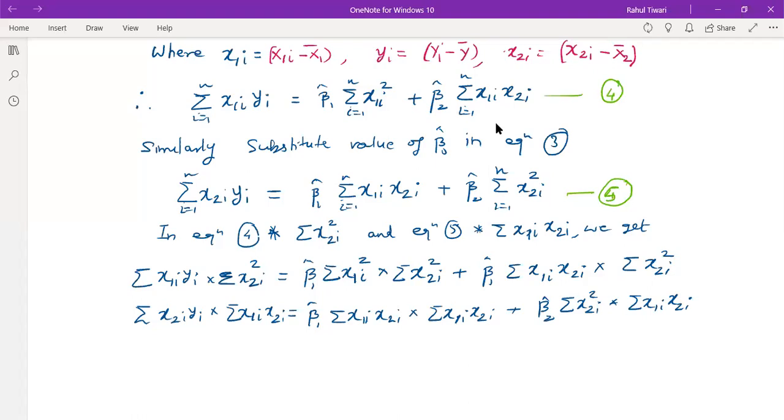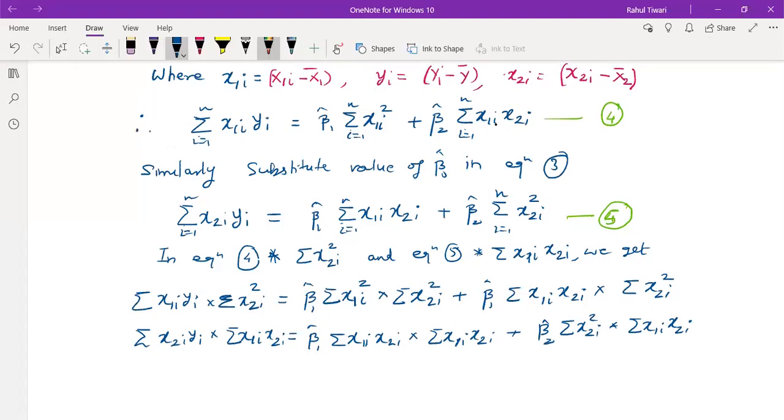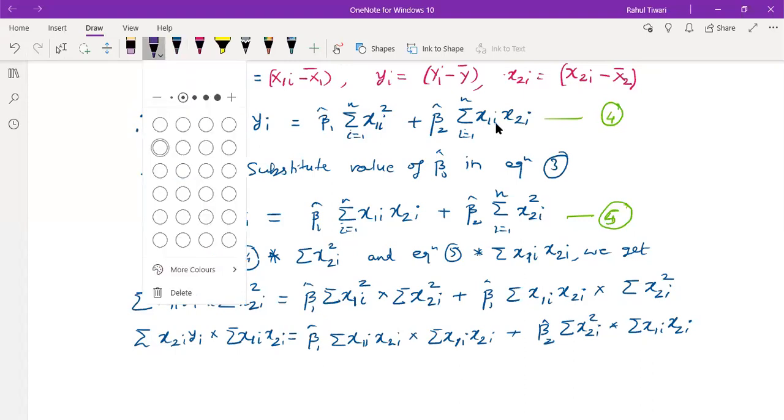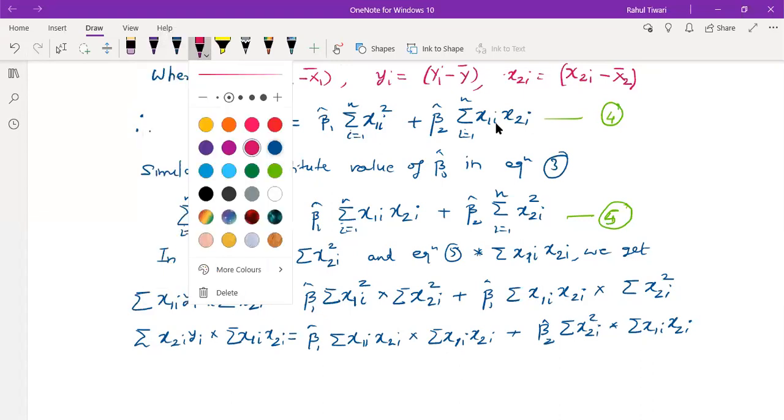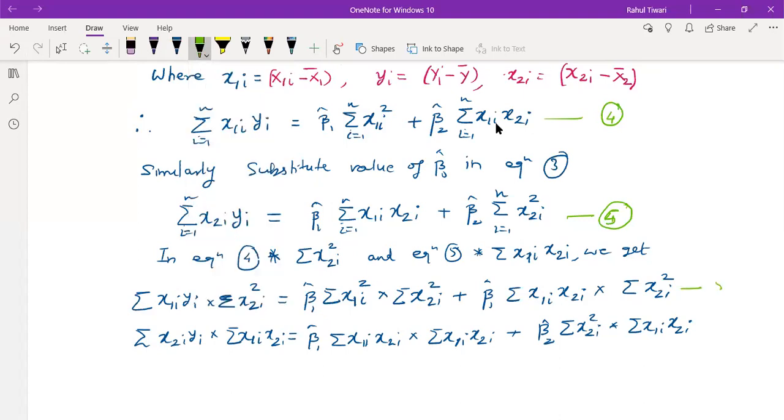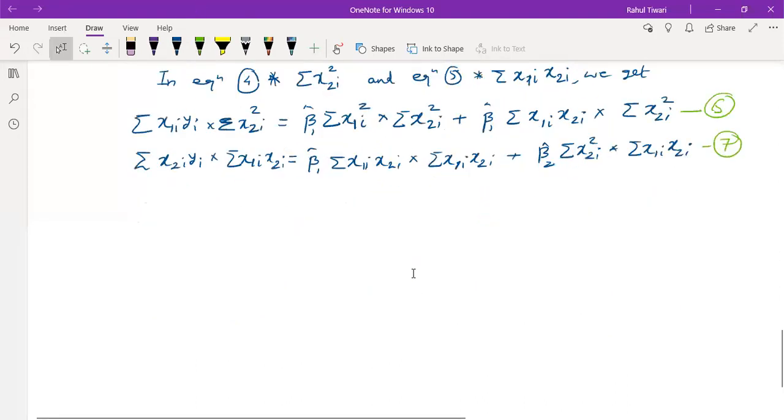Say this expression is 6 and say this is 7. Have you understood equation number 6 and 7?